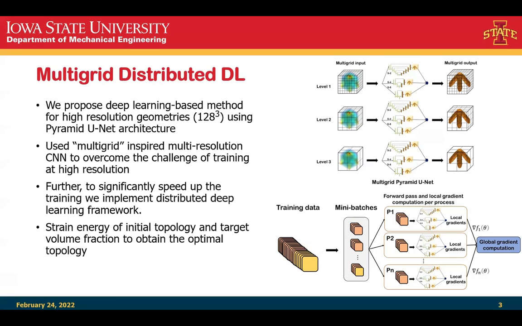Further, to significantly speed up the training, we implement a distributed deep learning framework, where we use multiple GPU nodes for training simultaneously. This helps to overcome the memory issue while training on the high resolution data. We use strain energy of initial topology and target volume fraction to obtain the optimal topology.